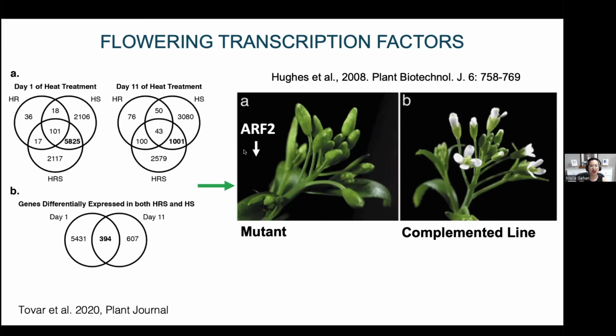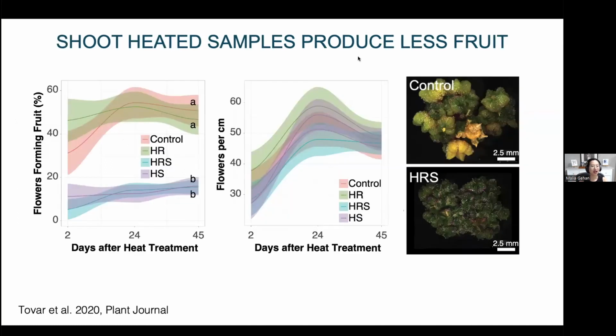And one, RF2, you see a reduction in yield in plants like Arabidopsis because of a change in flower opening and closing timing. So this result from the RNA-seq led us to look at flowering more closely.